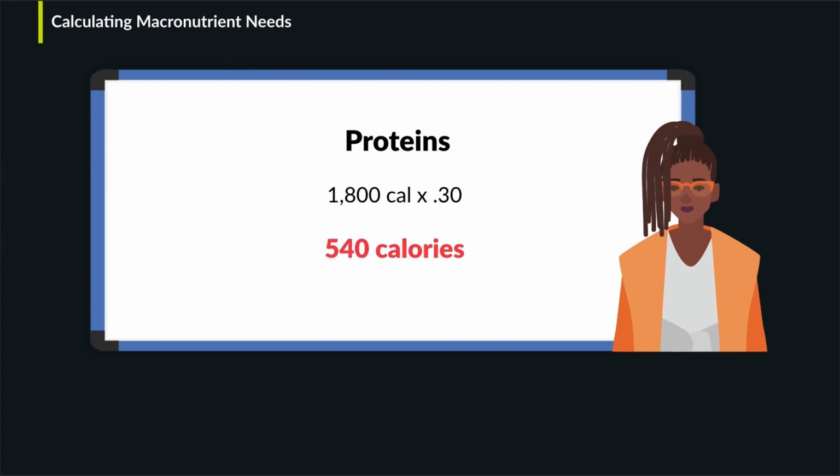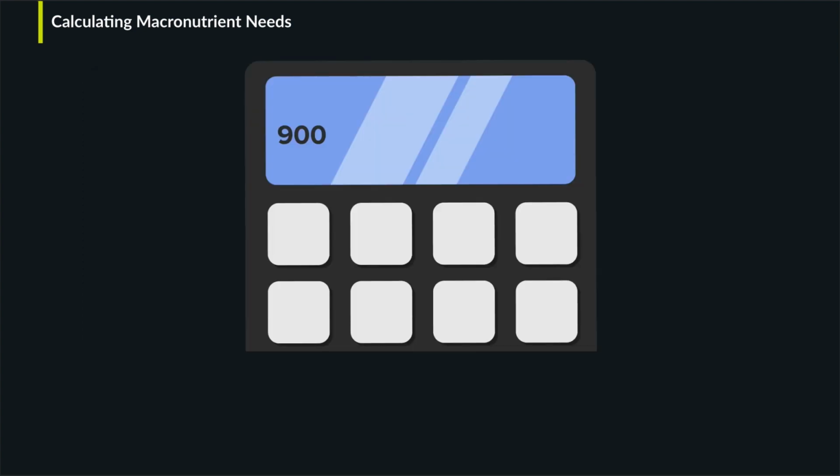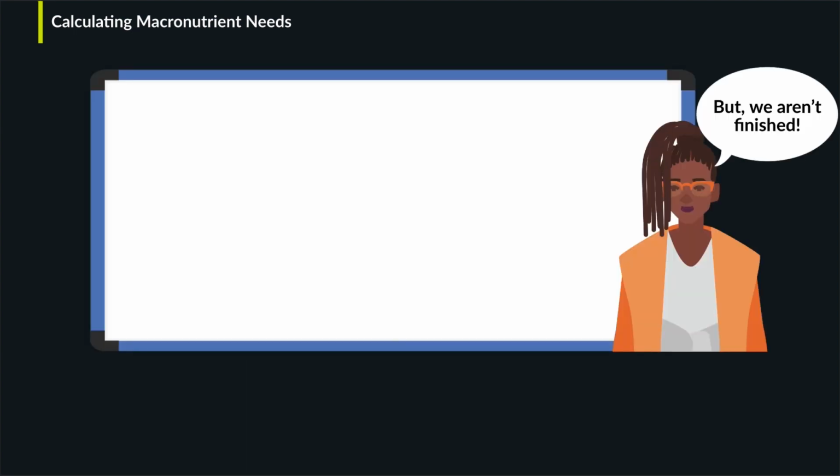So we will need 540 calories a day from protein. Just to recap, 900 plus 360 plus 540 equals 1,800 calories. But we aren't finished.